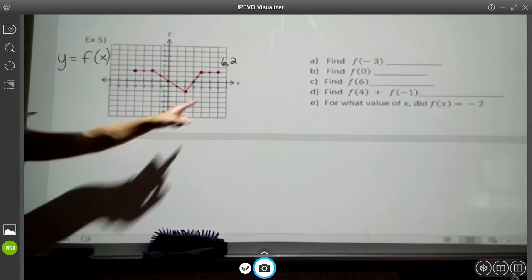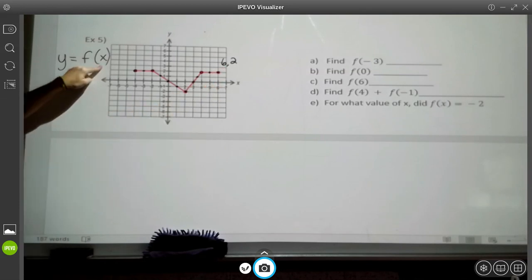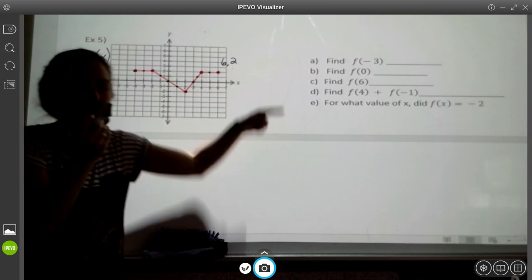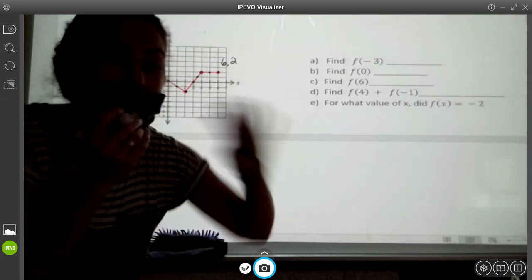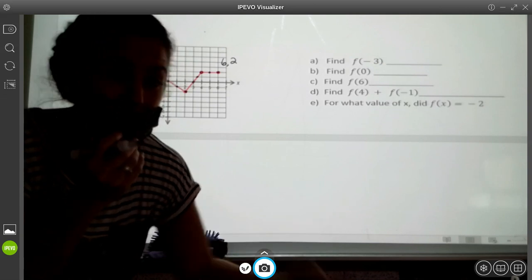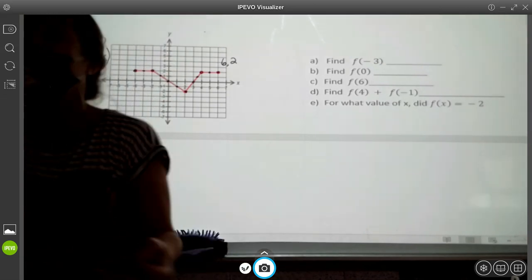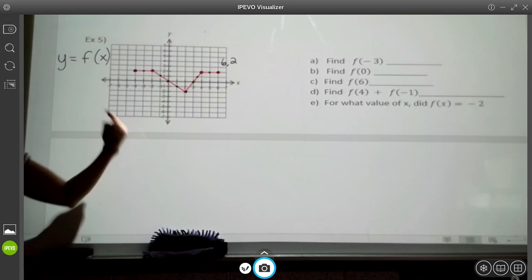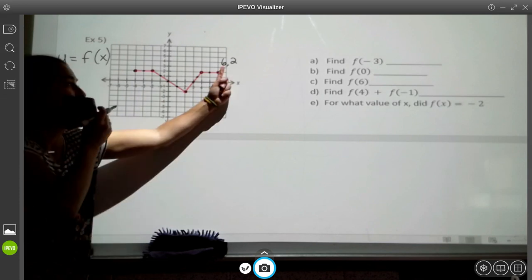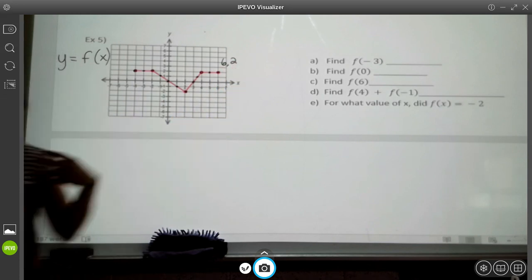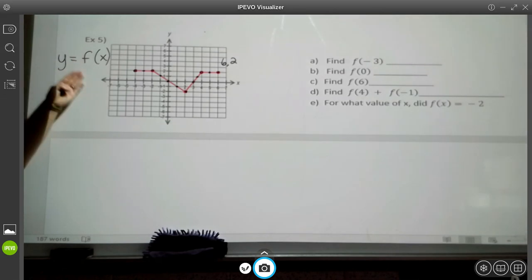So that is telling you that when 6 gets plugged into function f, it spits out a 2. We have no idea what actually happened to that 6 to make a 2 come out, but we don't care. That's what it tells you, though. The graph of a function tells you when this number went in, that number came out. So you don't actually have to know the rule to answer these questions.